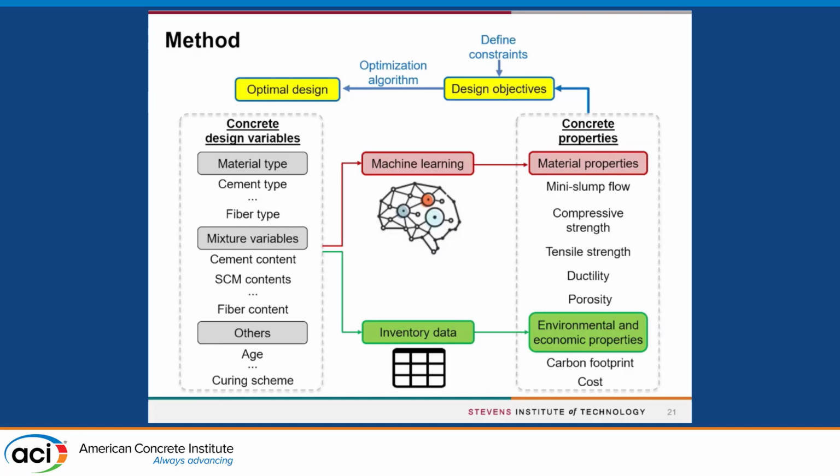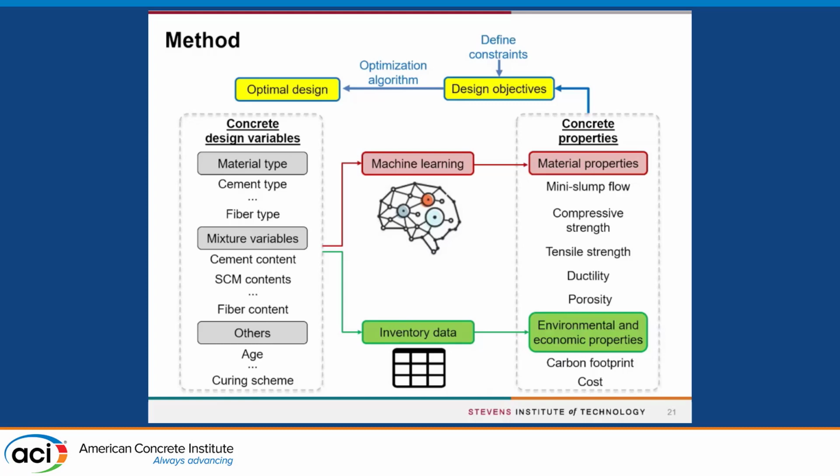And after training, it will give a very high accuracy prediction on the concrete properties. And also, we investigated inventory data and used that to calculate the carbon footprint, cost, and embodied energy of the raw ingredients. After that, we will define our design objectives, and sometimes also define the constraints.